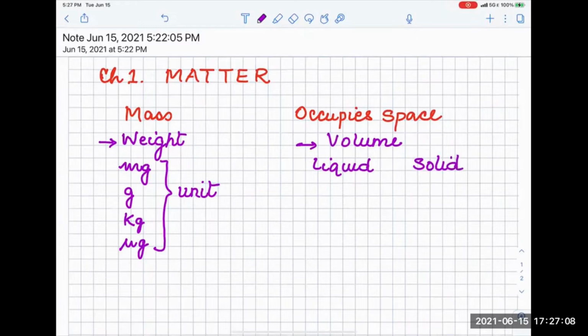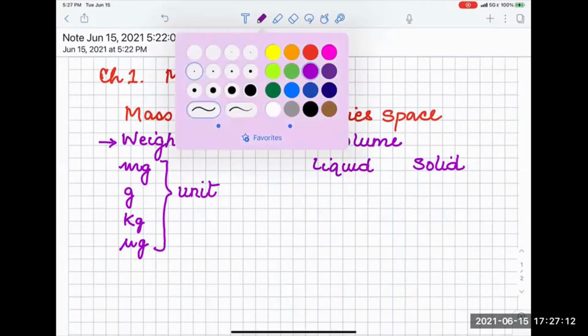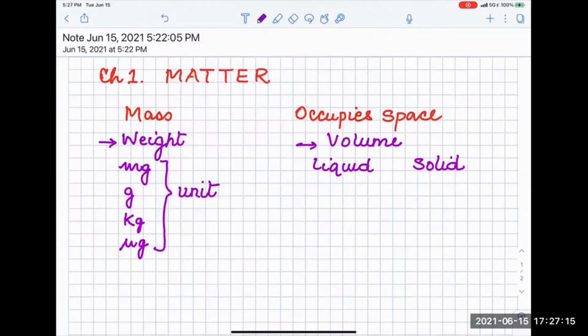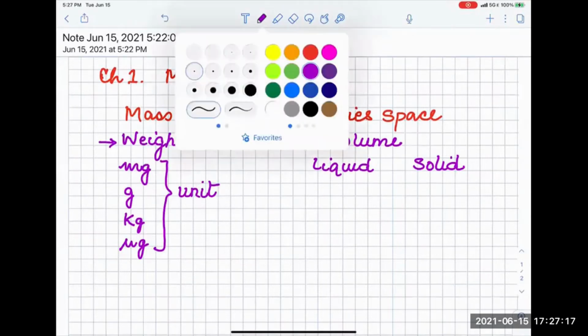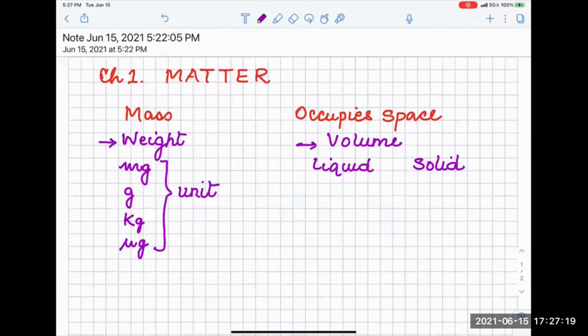What kind of units do you use for measuring the volume of liquids? Like liter, milliliters. Very good. Liters, milliliters, and then there are microliters and deciliters. Now solids, what about the solids? Very good. Cubic centimeter, centimeter cube.